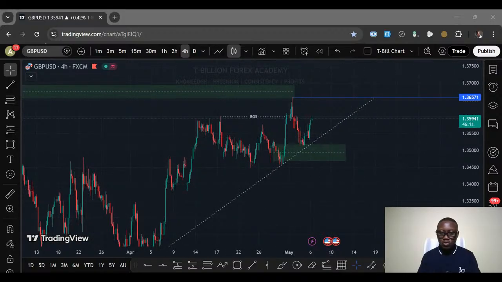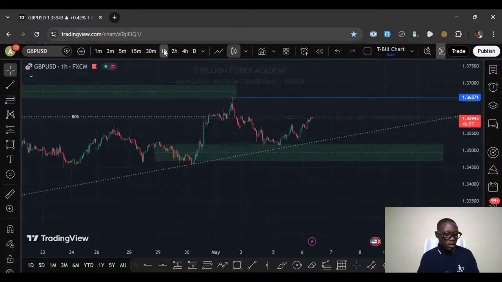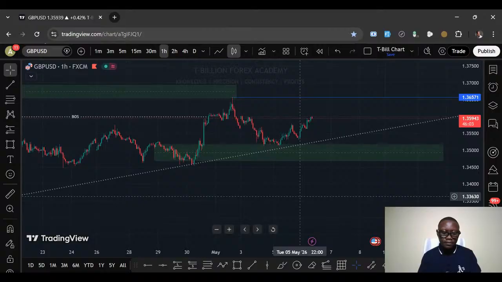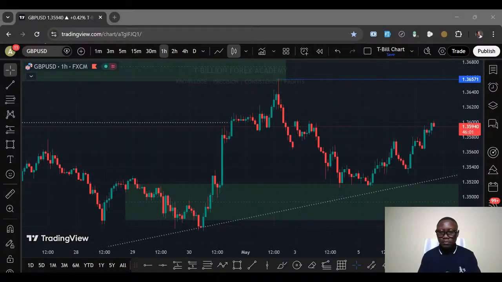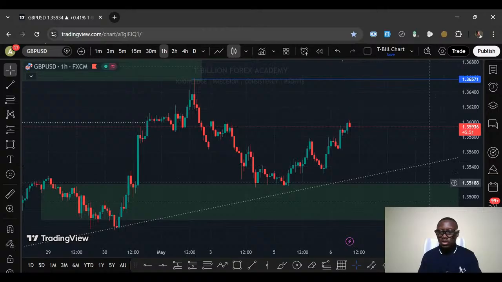So let's drill down to the 1H time frame to analyze the 1H price action. So let's look at 1H.